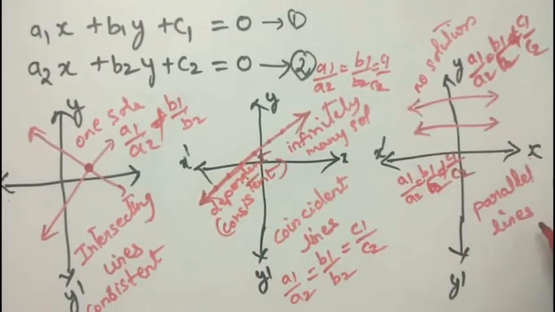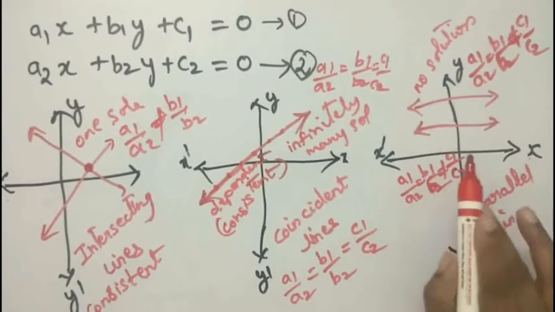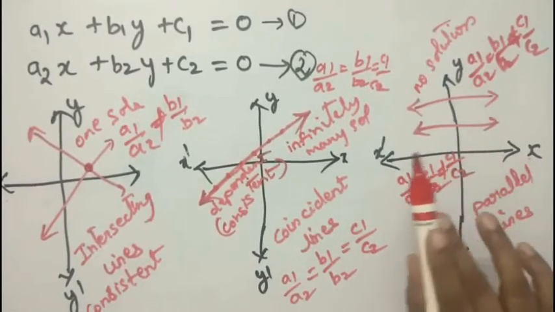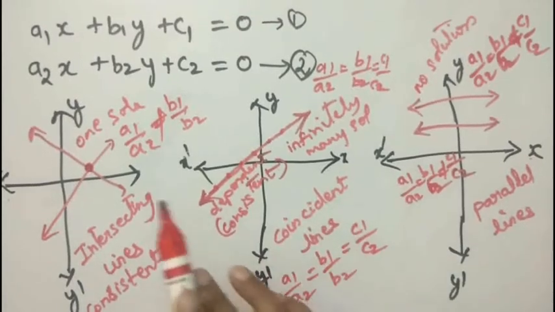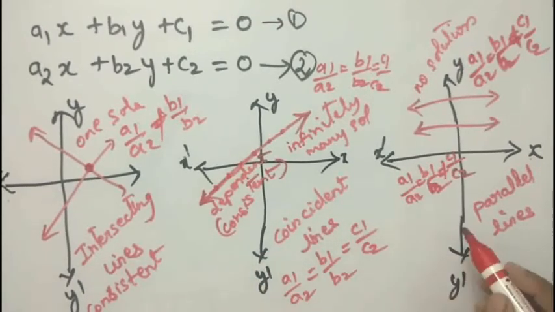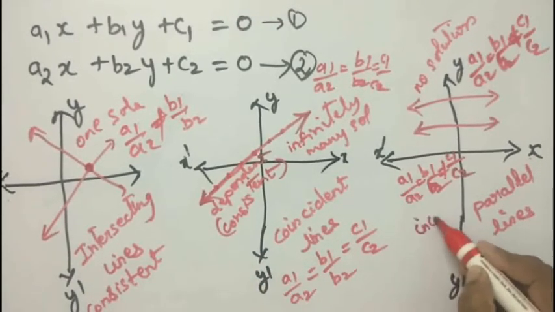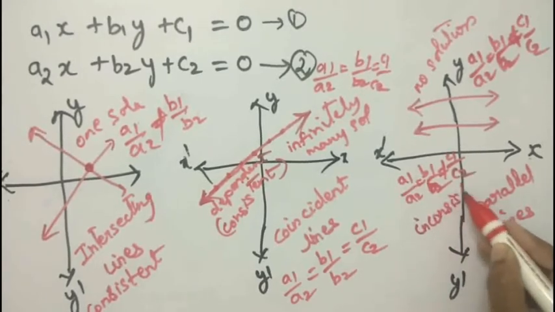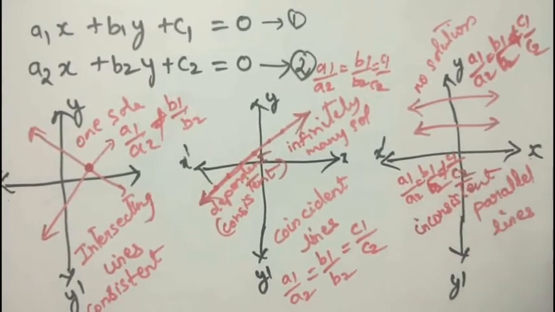In case of parallel lines, you will not have any solution, so they are said to be an inconsistent pair of lines.